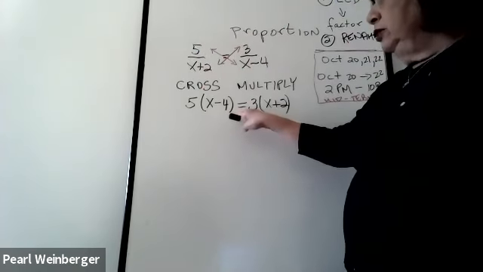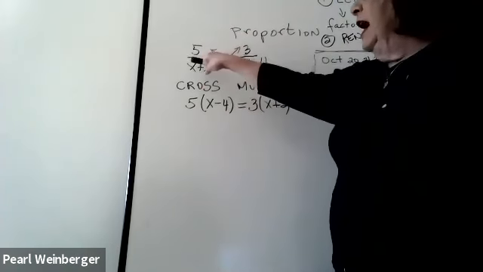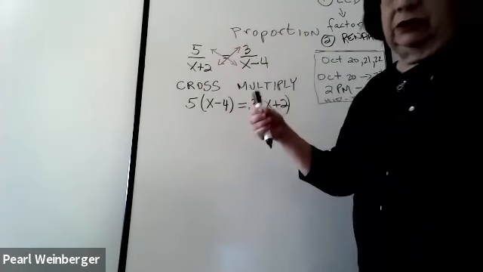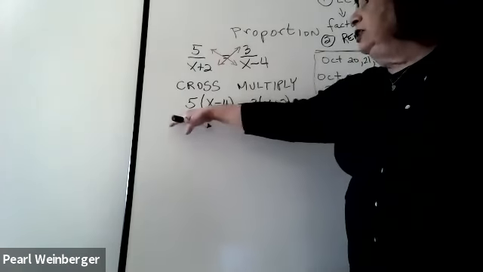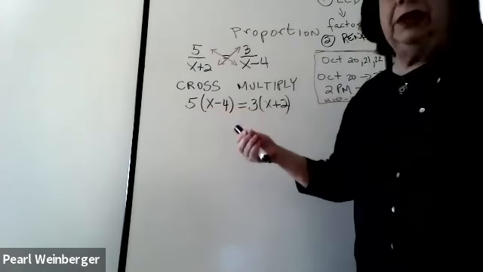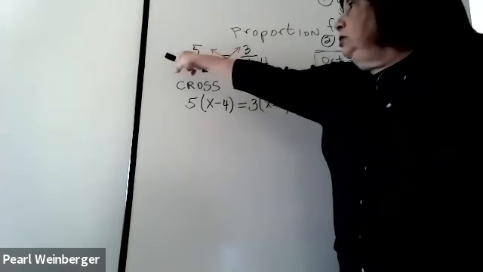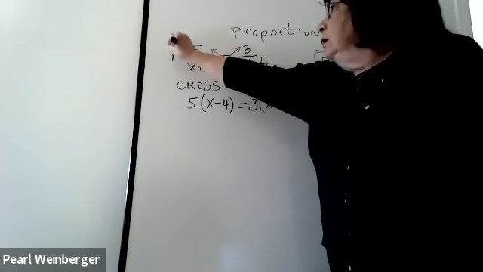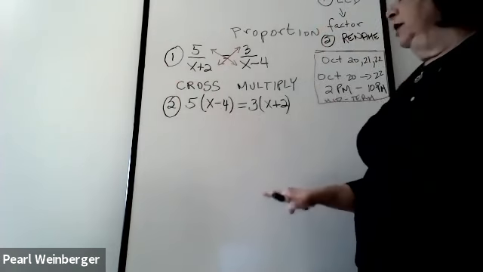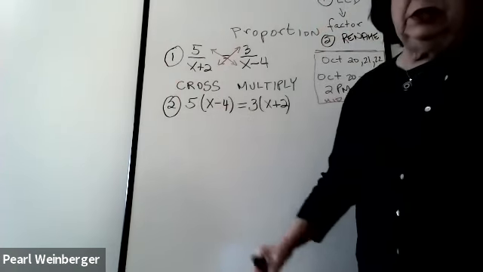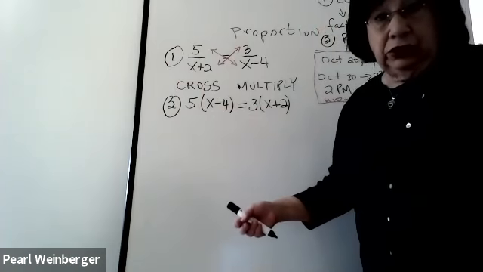Notice what we've accomplished, and that's the point of this, is that we don't have any fraction in my new equation. The original equation and the new equation are equivalent. And the second equation is a much simpler equation.